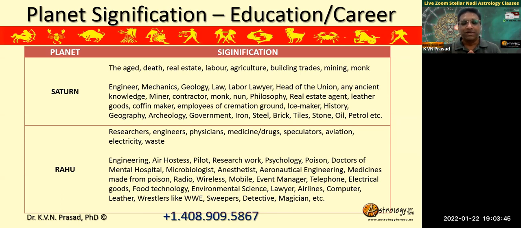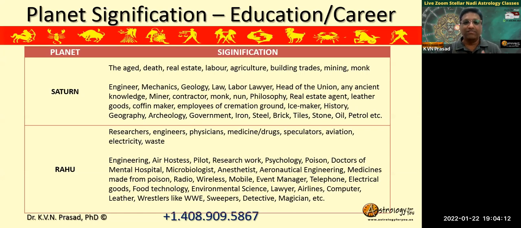Moon has the 7th aspect only, right? Correct, 7th aspect. Okay. So now comes Rahu. Rahu is researchers, engineering, medicine, drugs, chemical, electricity, waste management, all that.